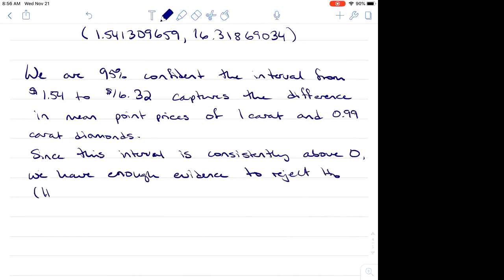H naught was that mu1 equals mu2, or if you want to think about it as mu1 minus mu2 equals 0, that might be helpful in this case, because that's why we're concerned about it being above 0.